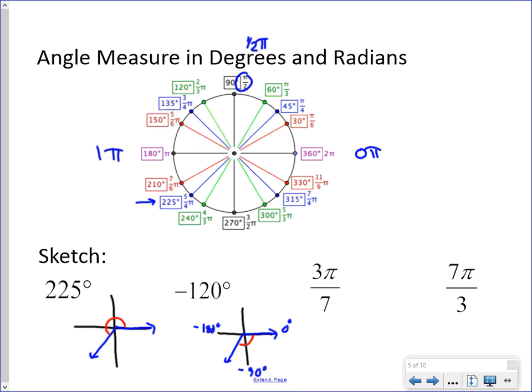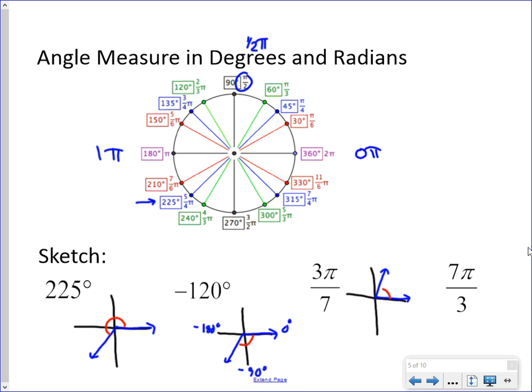So this 1/2 pi up here would be 3.5 over 7 times pi. So we know that if we're just doing 3/7 pi, we must be just a little bit less than that. So I know that I should land somewhere in the first quadrant, and I should probably be very close to the pi over 2. So even though 3 pi over 7 does not appear on that circle, I can still place it in the correct quadrant using my fraction.